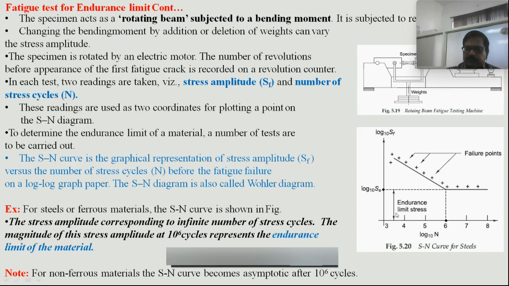It may be 10 power 3 or 10 power 4 or 10 power 5, like that. So this area is called finite life, and this area is called infinite life. This SN diagram is also known as Wohler's diagram, and it is plotted on log versus log graph paper.